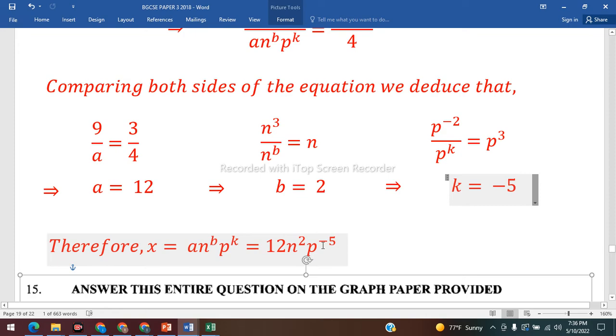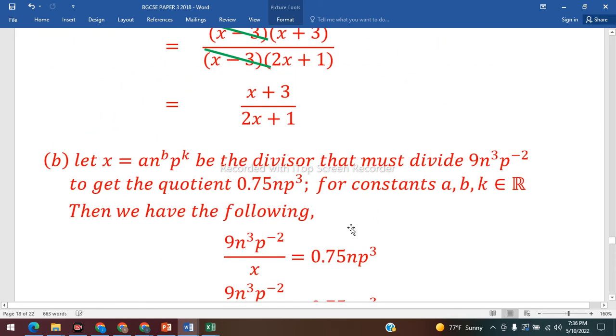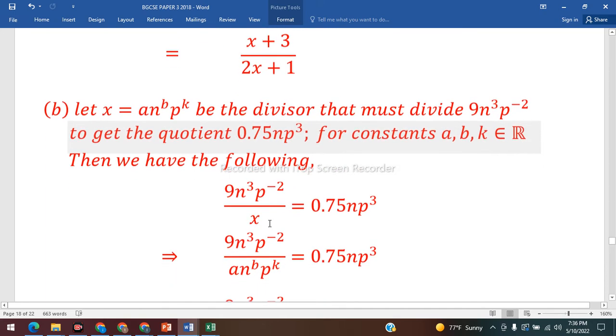If I take 12 n squared p to the negative 5 and divide it by 9 n to the third power p to the negative 2, that gives me 0.75 n p to the third. So this x at the bottom needs to be 12 n to the second power p to the negative 5 power. And that's what I did here to get that.